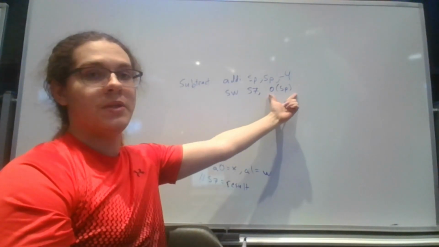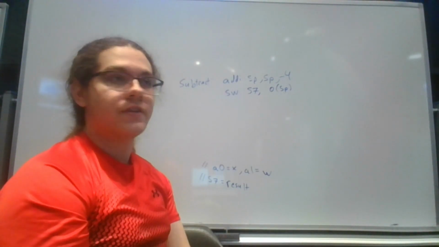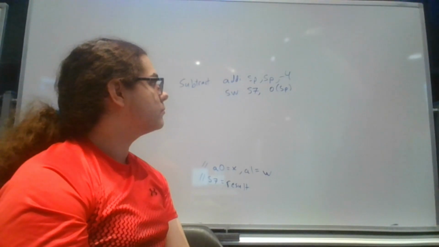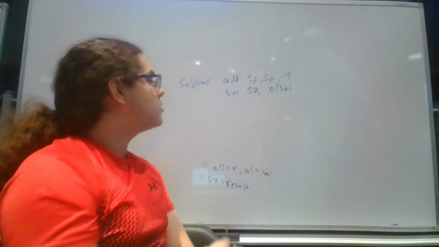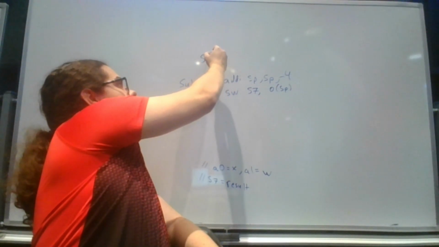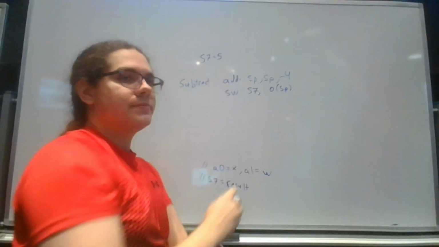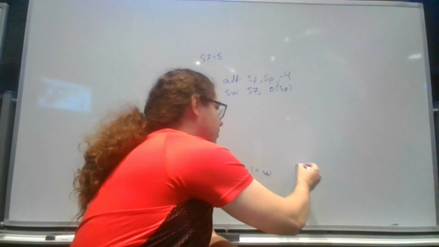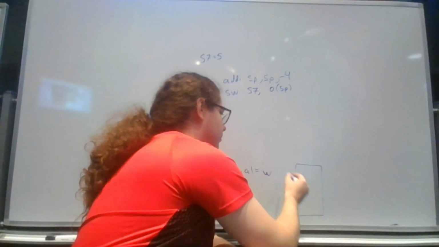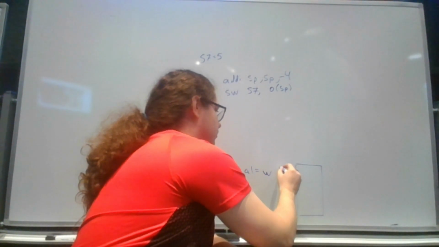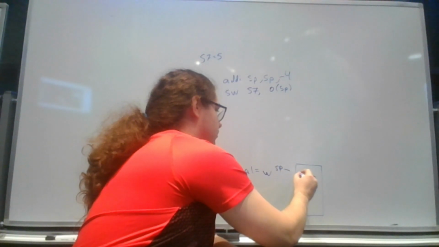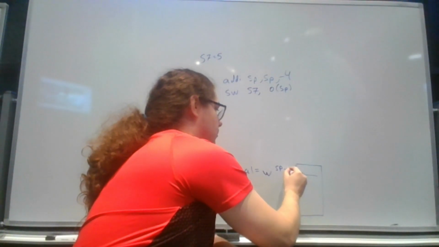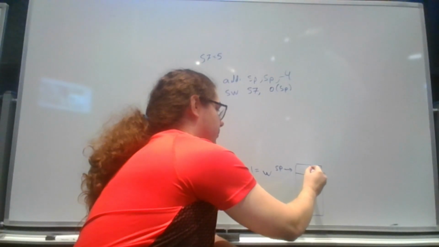And so here, this is just me storing it to the location of the stack pointer. So let's just pretend S7 was originally 5. All I've done here effectively is the following.